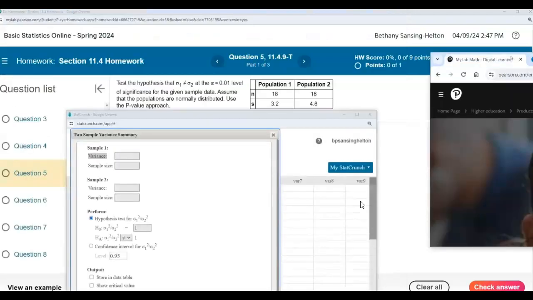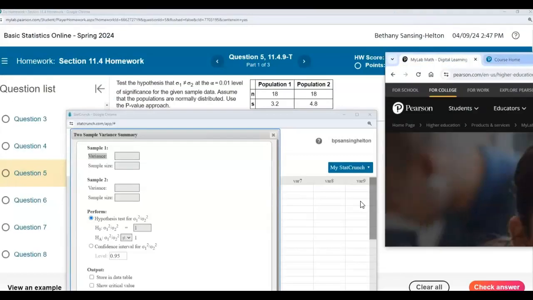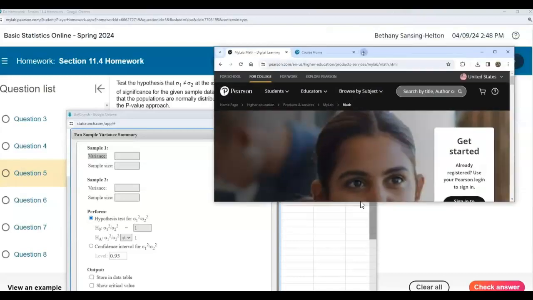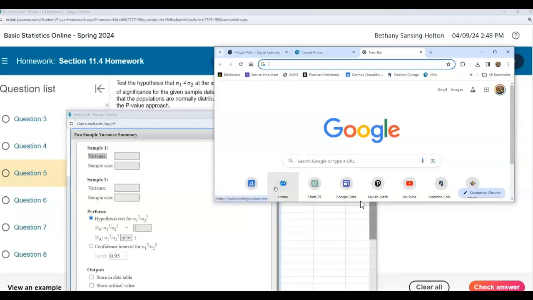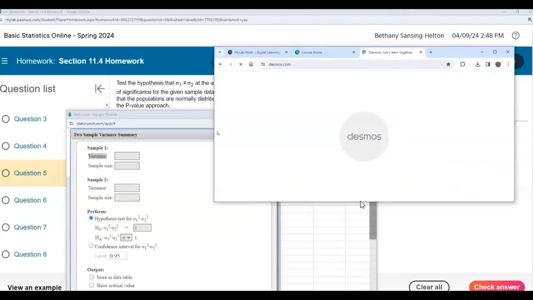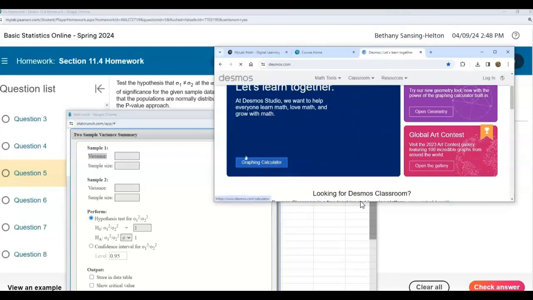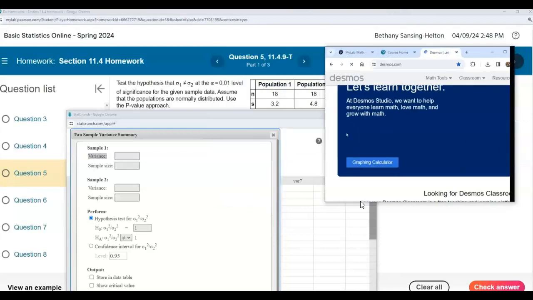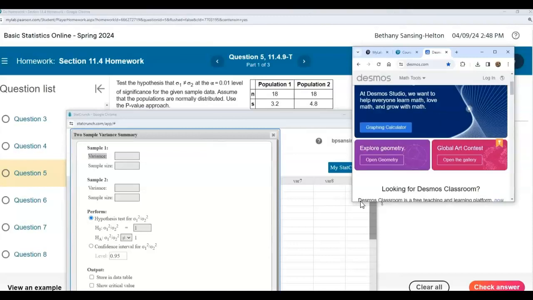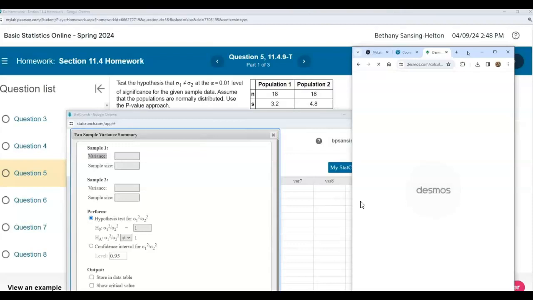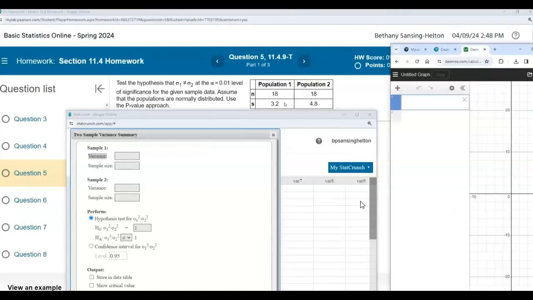Desmos, graphing. Okay, so variance is standard deviation squared.